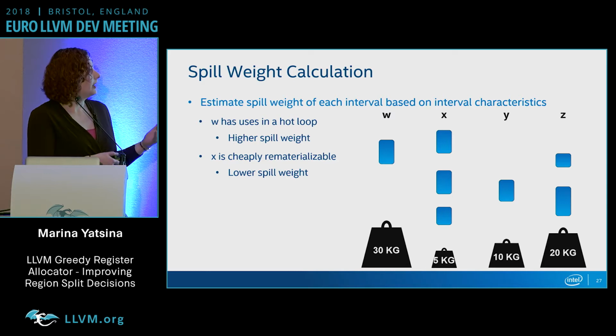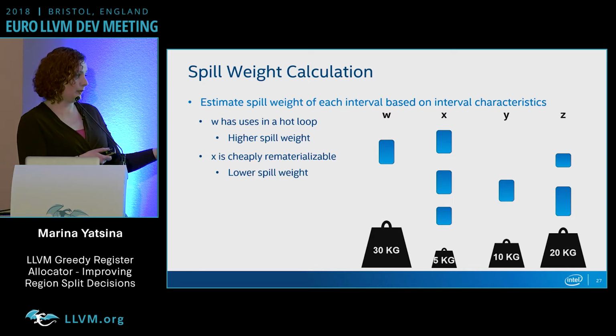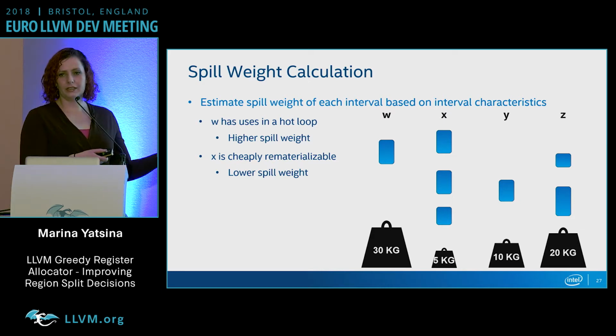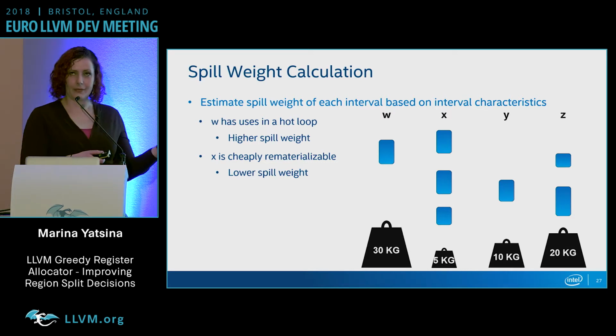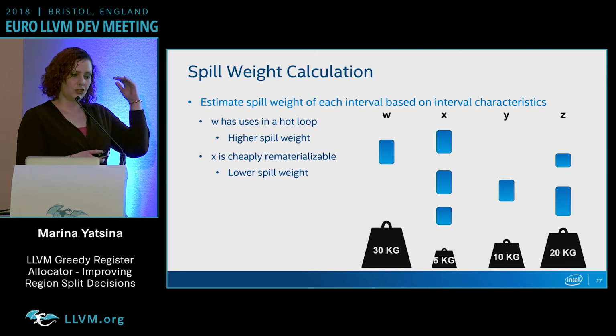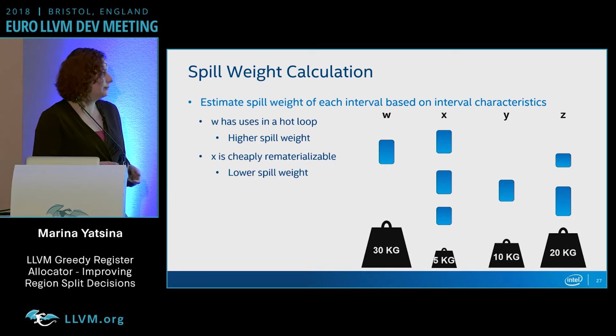If X has uses in a hot loop, for example, it will have a higher spill weight. This spill weight is something that's going to be used in a later phase called eviction. Now, if X, for example, is a rematerializable instruction, it means we can cheaply copy the def, and we don't actually have to spill X, so we give it a lower spill weight.